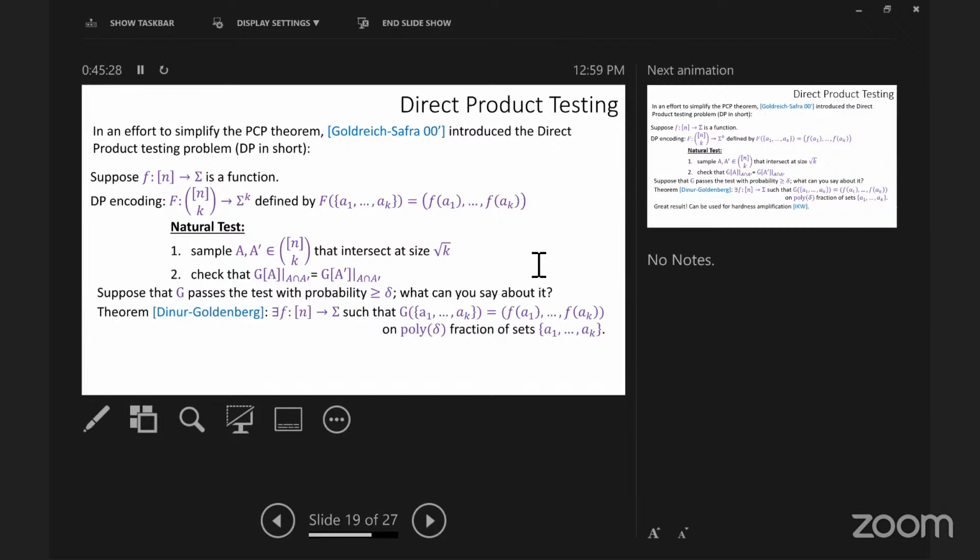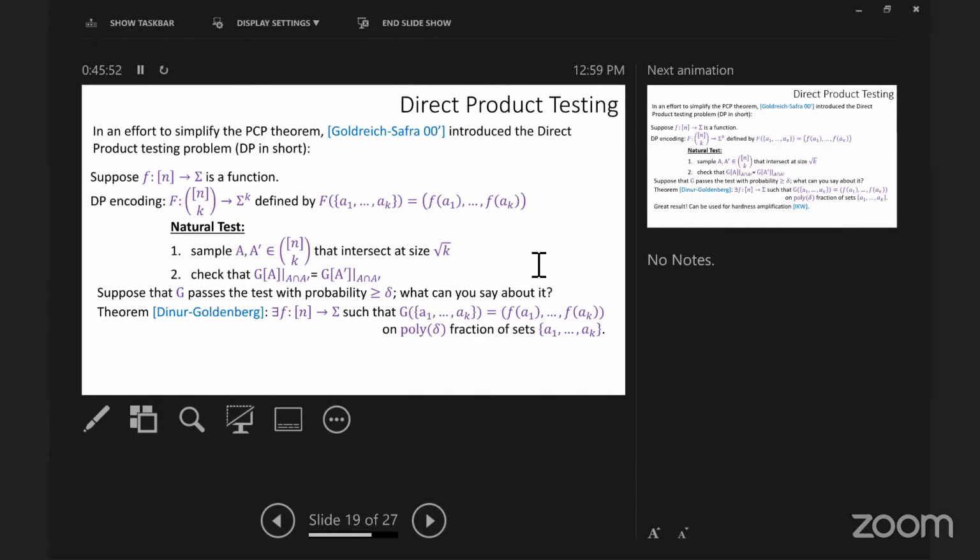So here is a theorem by Dinur and Goldenberg that shows that yes, indeed, you can show that. They prove that there exists some function little f such that G assigns to many of the k-sets the same value as f would assign to them. And when I say many, I mean a poly(delta) fraction of the sets.